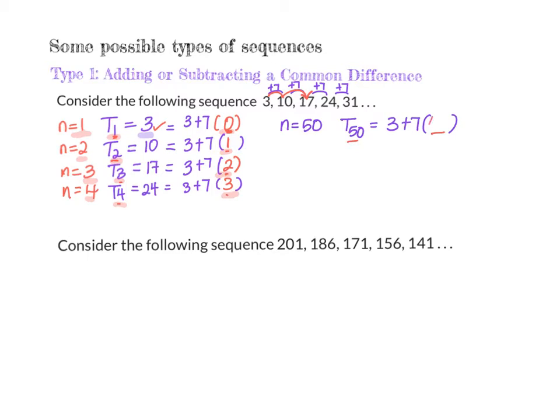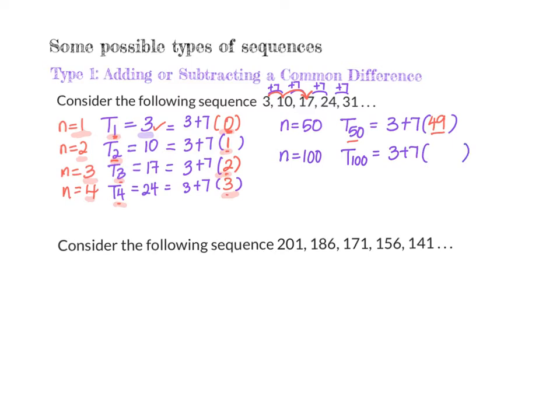Well, the answer is 49. How did I get 49? I took 50 minus 1. If I were to have n equals to 100, what will be term 100? Following the pattern, I took 3, I added 7, but how many times of 7 did I add?